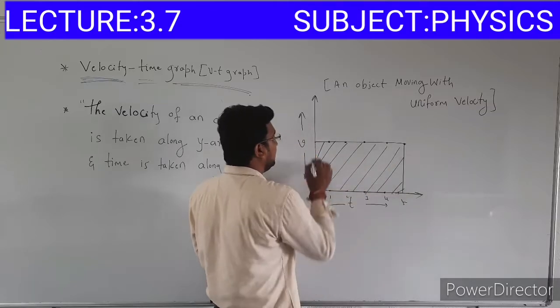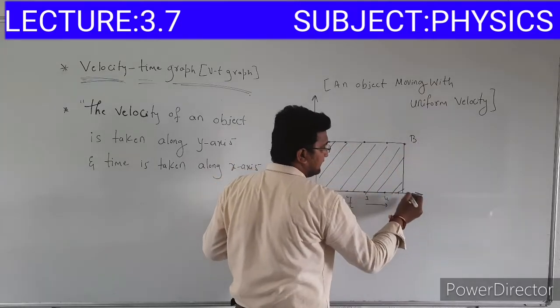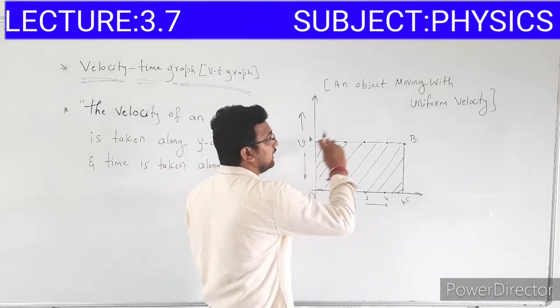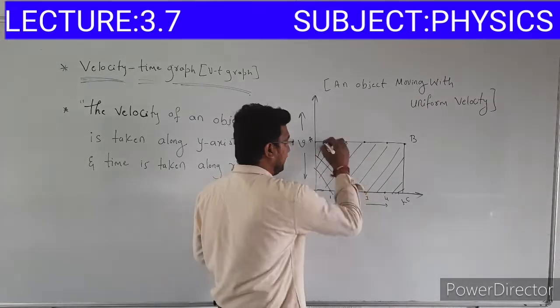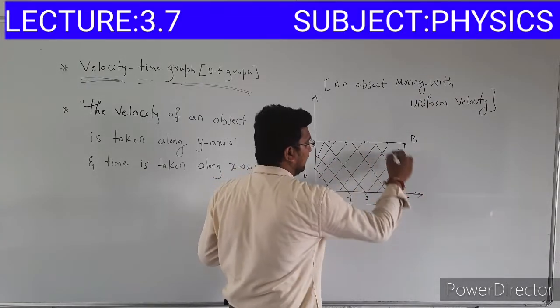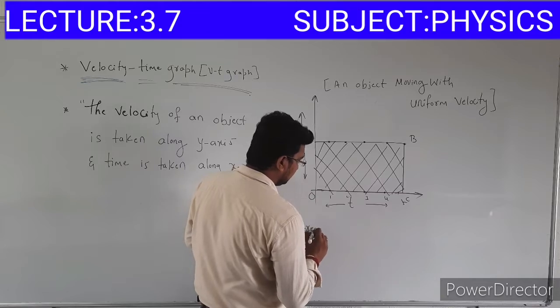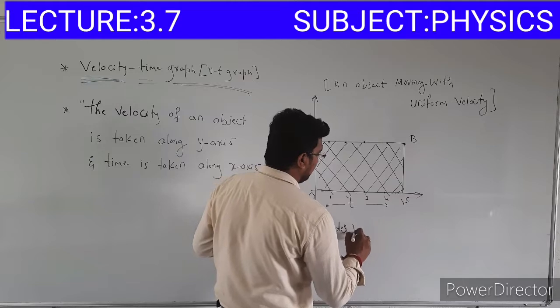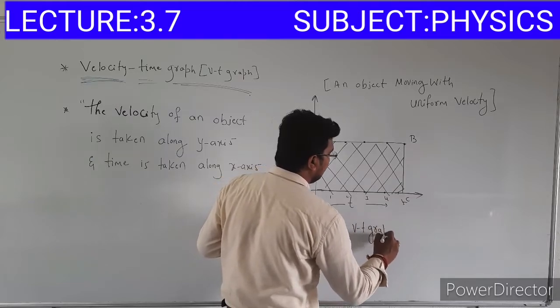So this is point O, this is point A, this is point B, and this one is point C. Next we are going to find the area under this VT graph. See, this is the area under the VT graph, right? The VT graph is nothing but the velocity time graph.